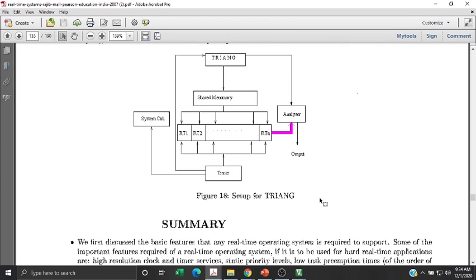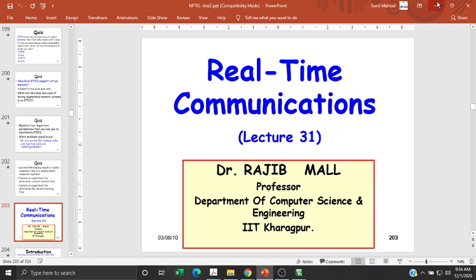That is basically playing around with priority numbers. So that finishes your first chapter.